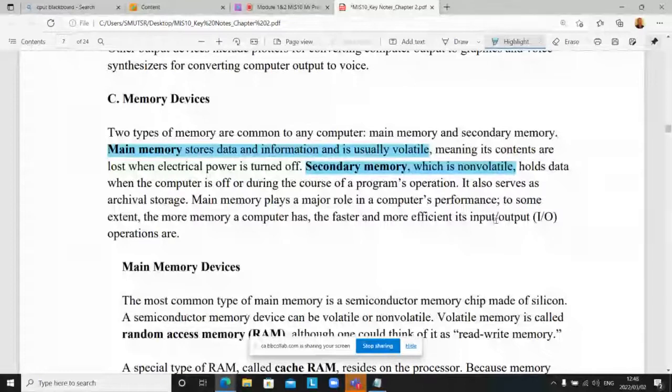Main memory, secondary memory. Main memory is usually volatile, so that would be RAM, for example. Secondary memory, which is non-volatile. A hard drive is actually non-volatile. When you switch it off, it still keeps its information. So that's all that they're talking about. Main memory and secondary memory. Just be aware of those two.